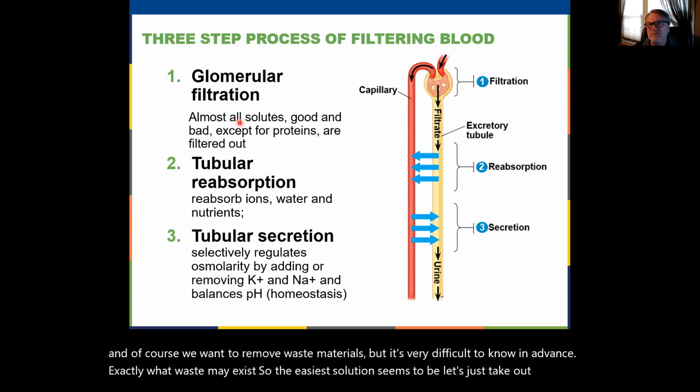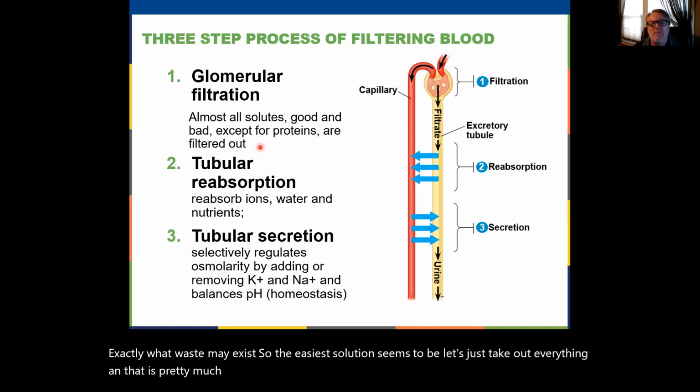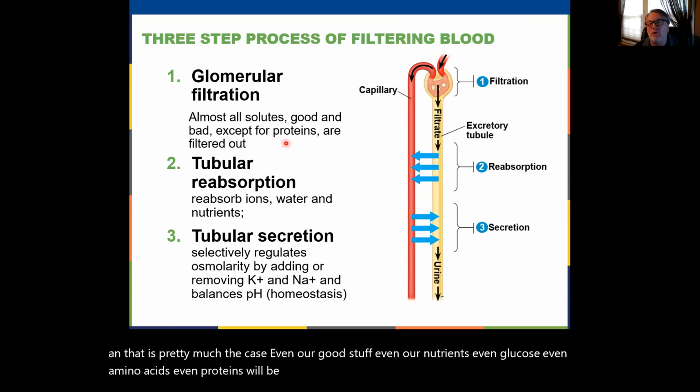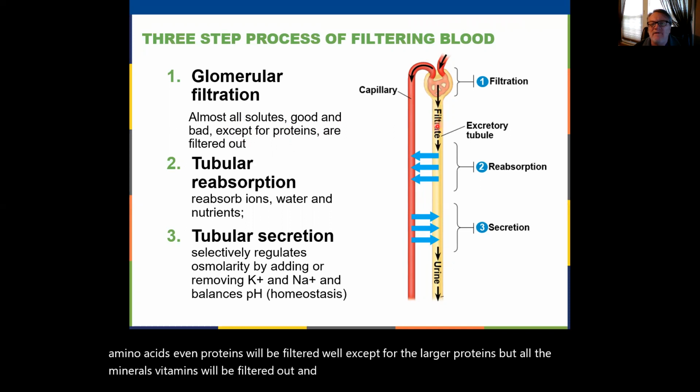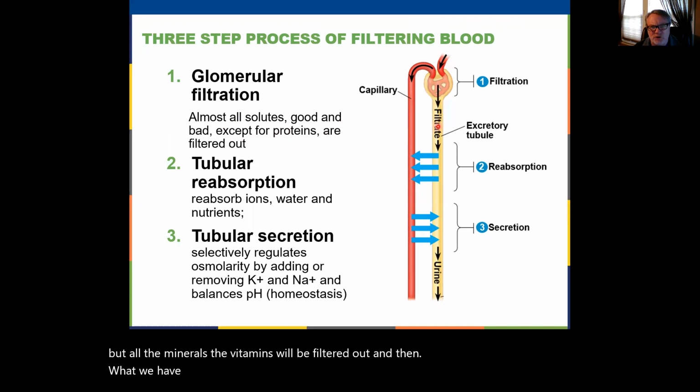And that is pretty much the case. Even our good stuff, even our nutrients, even glucose, even amino acids, even proteins will be filtered, except for the larger proteins. But all the minerals, the vitamins will be filtered out. And then what we have is a lot of good stuff in the filtrate together with the bad stuff.